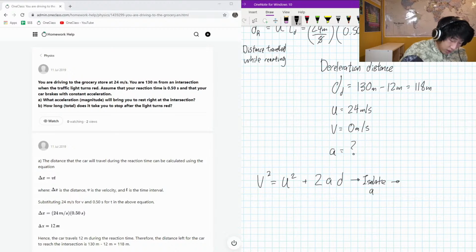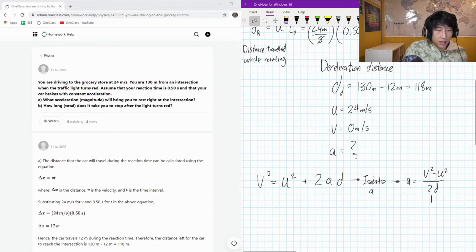To do that, we subtract u squared from both sides and divide both sides by 2d. So a is equal to v squared minus u squared, divided by 2d. And then we just substitute in these numbers, and that will be all we need.